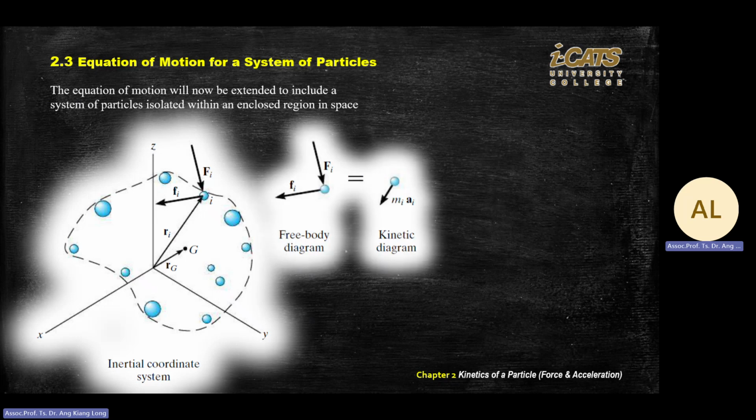This is just an introduction to what is expected in your answer. You always need to show the free body diagram, which is the force component, and the motion component of the kinetic diagram, the acceleration direction or the motion direction. From the question, you already know the direction: either up, down, left, right, and so on.